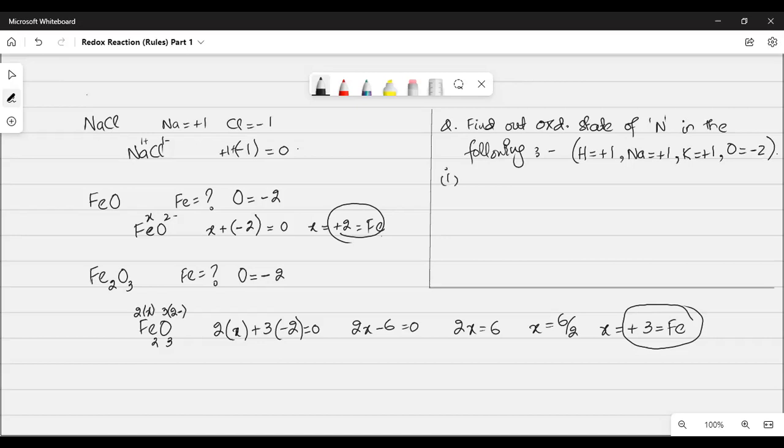So the questions are NO, NO2. I'm going to give you a few parts to solve. N2O3, N2O4. Now you see how many different oxides nitrogen can form. This is going to be amazing for you, and you're going to have an idea how many possibilities there are for non-metals to form different compounds.